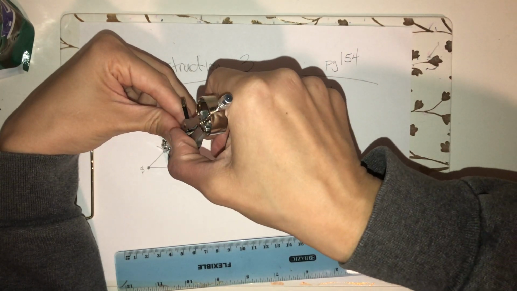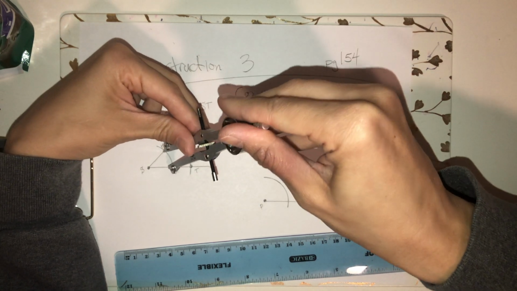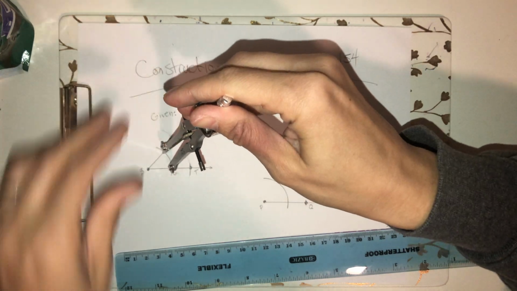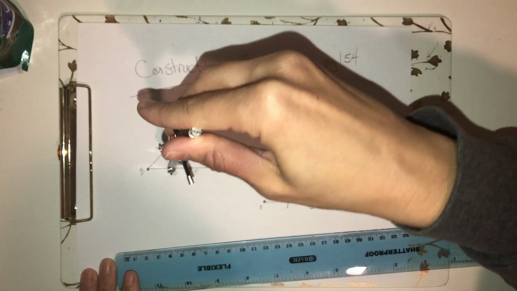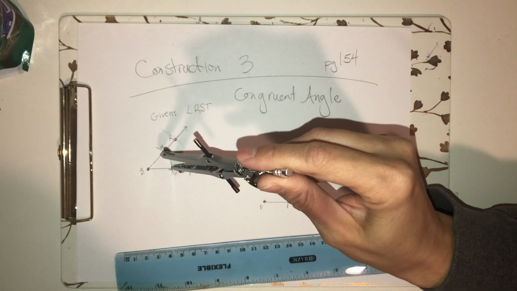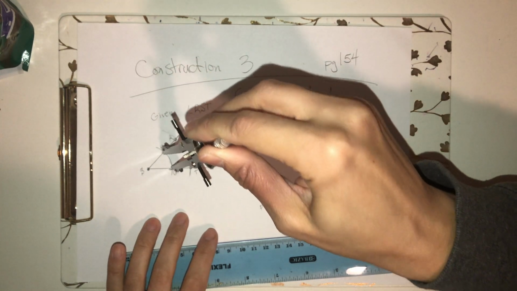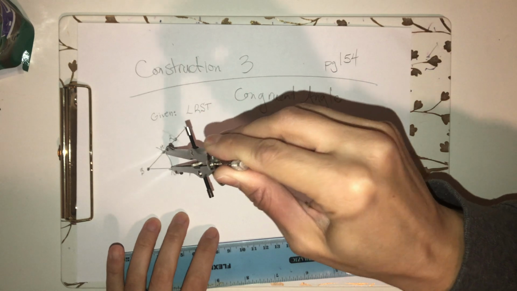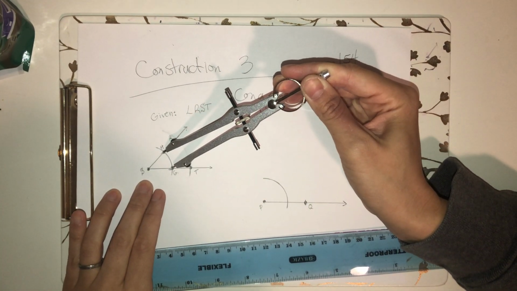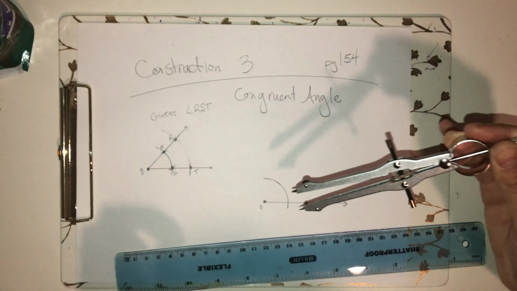Oh, we need to tighten it up a little. Going through that point. Okay, yeah, I like that. You guys see how I am capturing that distance from here to here? Really, technically you want to center at G, but it should be the same distance this way too, right? Okay, good.